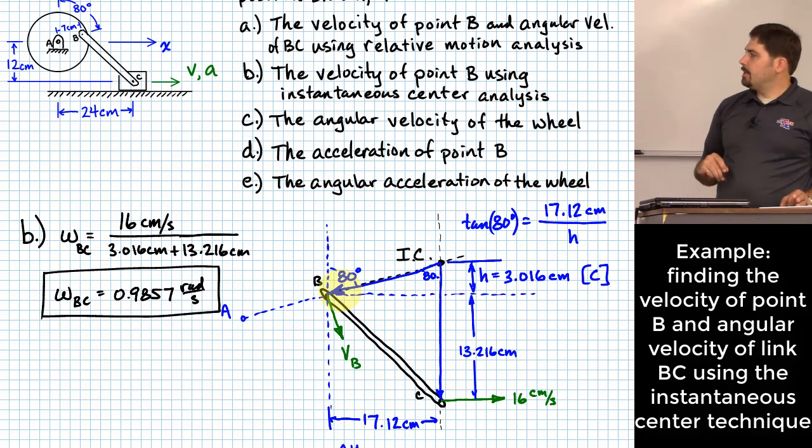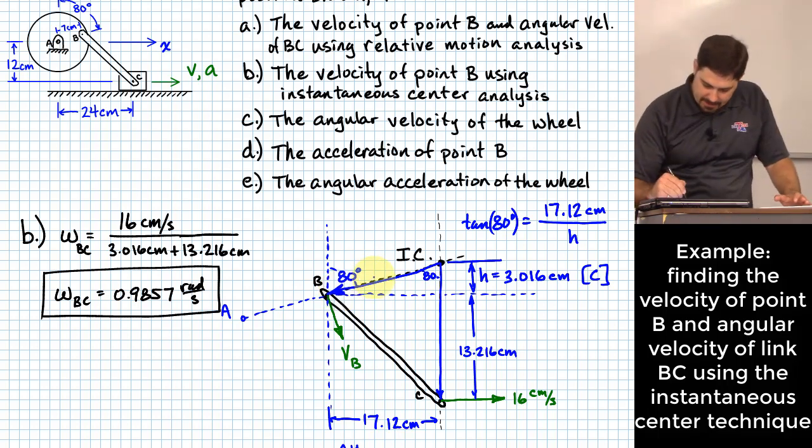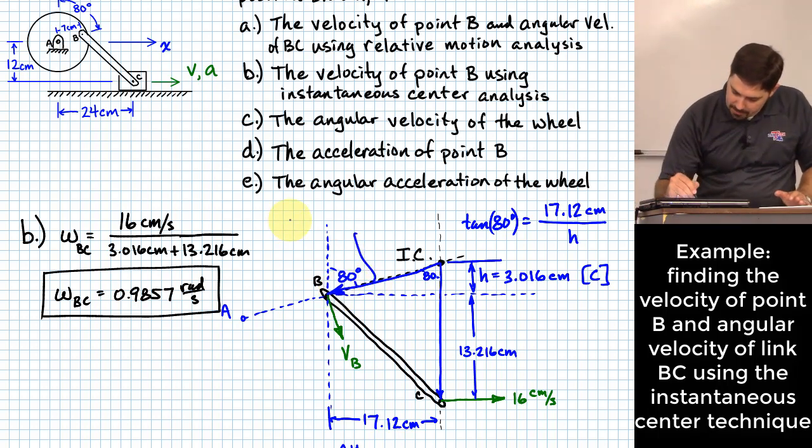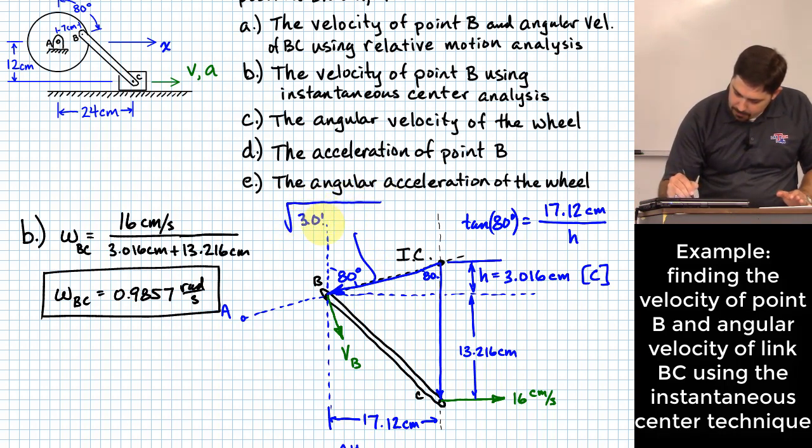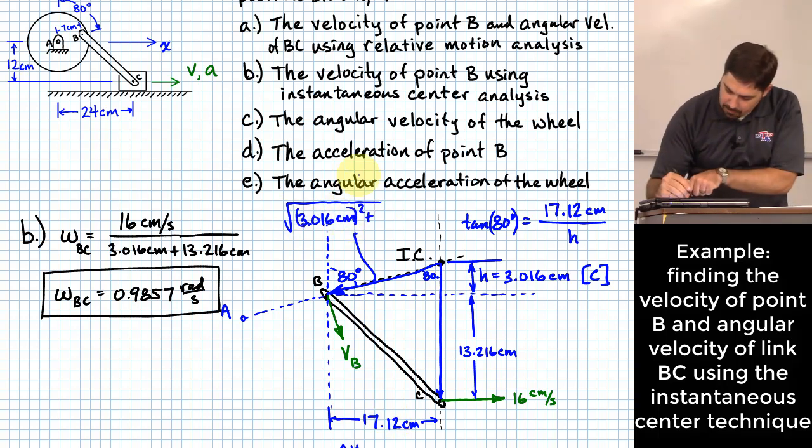Well, probably the easiest way to get that length is with the Pythagorean theorem. So this length right here is just going to be equal to the square root of 3.016 centimeters squared plus 17.12 centimeters squared.